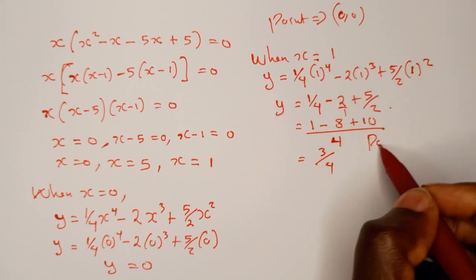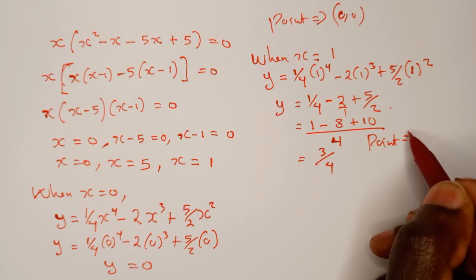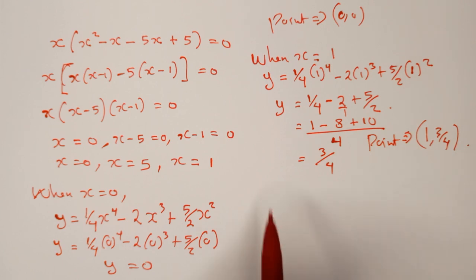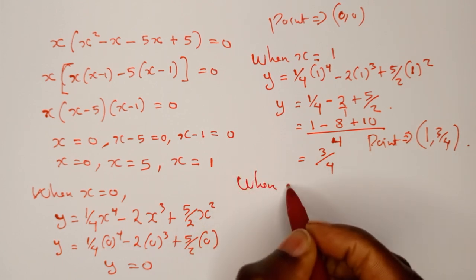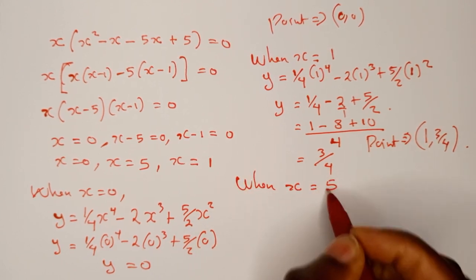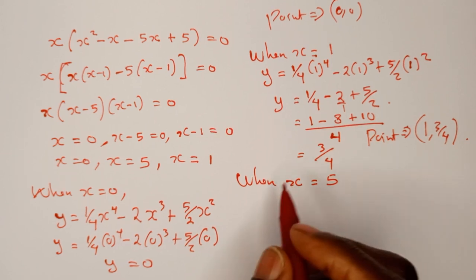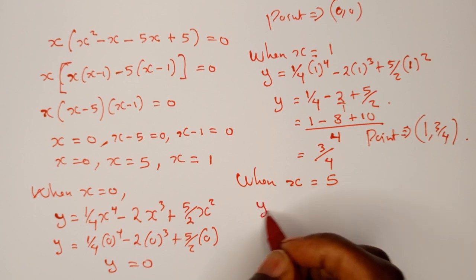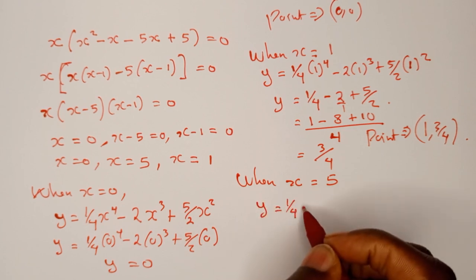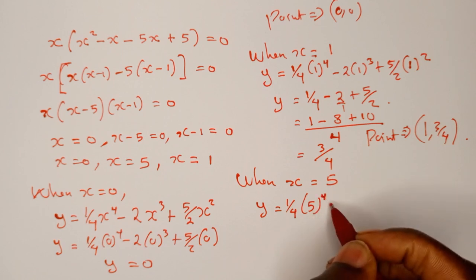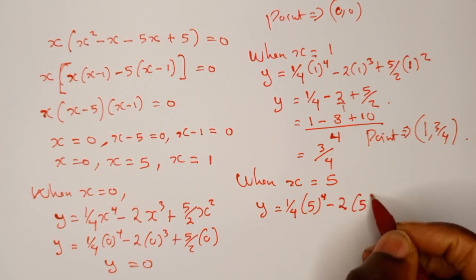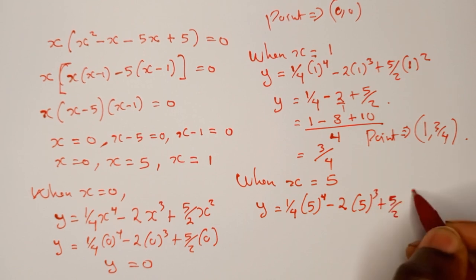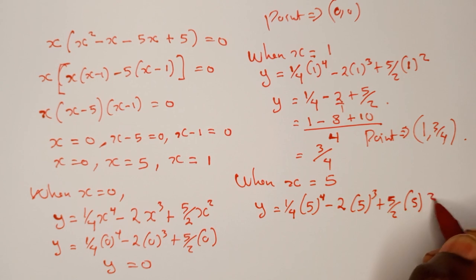So our point was 1, 3 over 4. Finally, when x is 5, again we substitute back in our function. So we had y is equals to 1 over 4, 5 raised to 4 minus 2, 5 raised to 3 plus 5 over 2, 5 raised to 2.